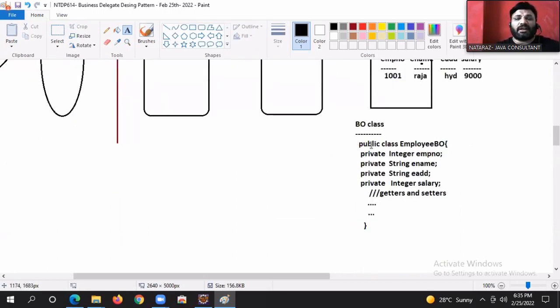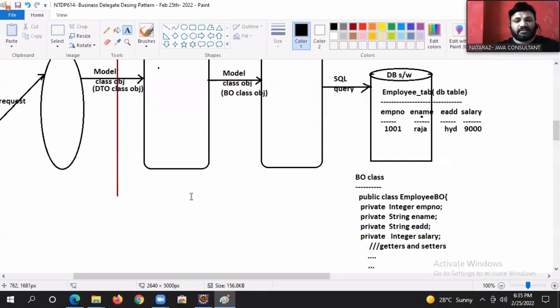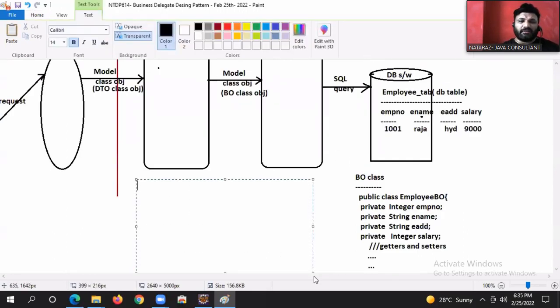Here is my BO class: public class EmployeeBO with employee number, employee name, employee address, employee salary. Tell me, guys, here is my DTO class. Public class EmployeeDTO. Private integer employee number, same story.